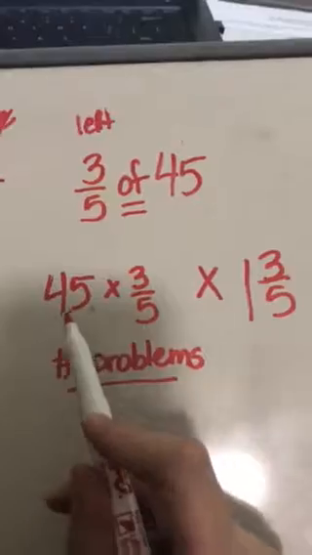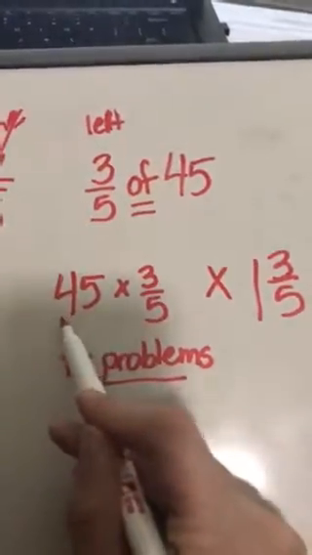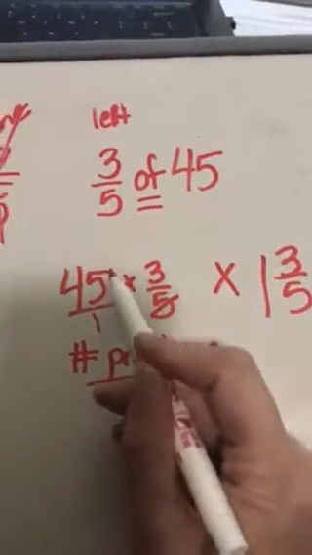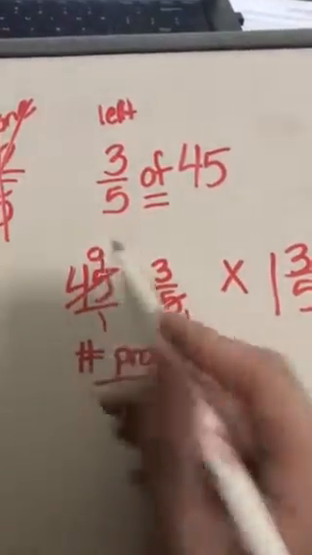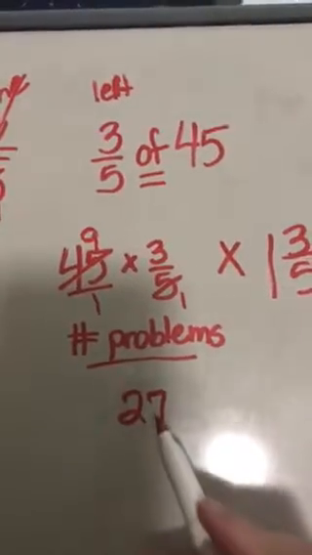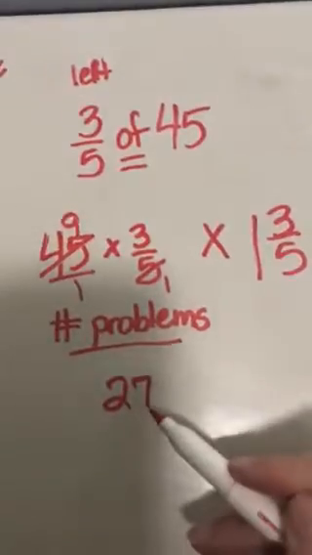So I would work first with how many problems do I have left to do. So 45 times 3/5. I'm going to simplify first because 45 and 5 are both divisible by 5. So that tells me I have 27 problems left to do. Multiplication is repeated addition.